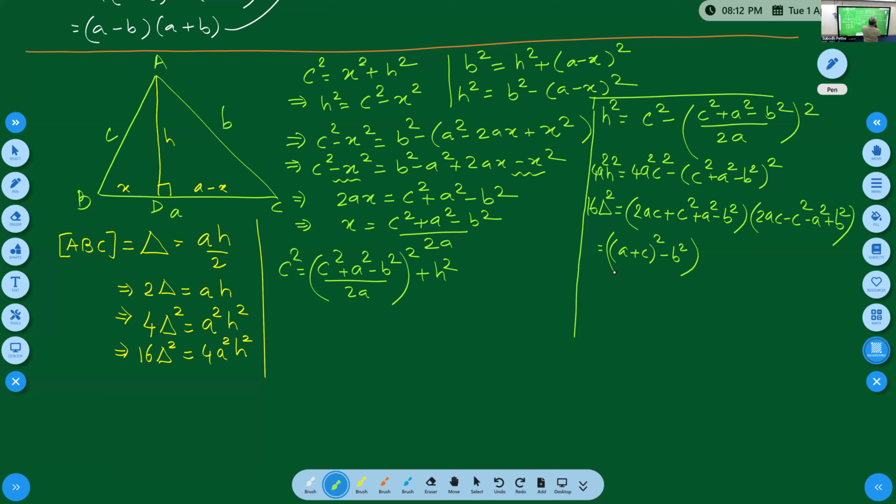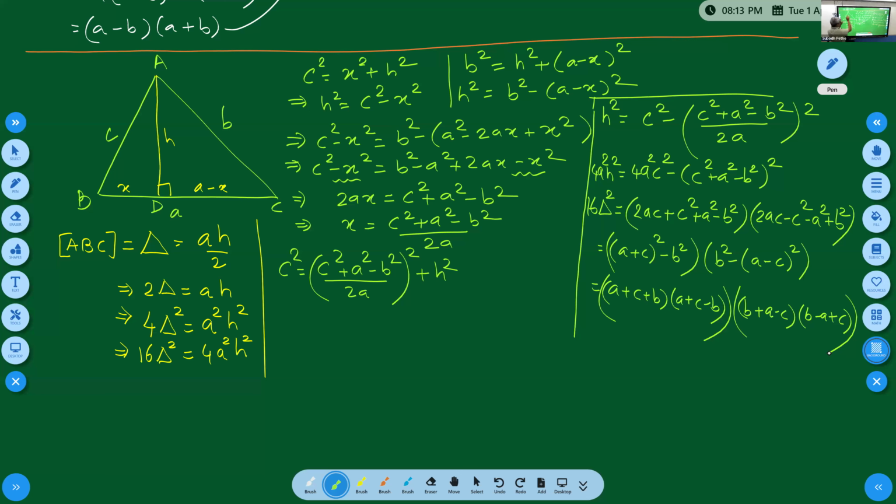If you look at this, it is going to be b square minus a minus c bracket square. बघा जरा बरोबर आहे का? बरोबर आहे, which is equal to a plus c plus b, a plus c minus b हा झाला पहिला ब्रॅकेट आणि दुसरा ब्रॅकेट b plus a minus c into b minus a plus c, दुसरा ब्रॅकेट.